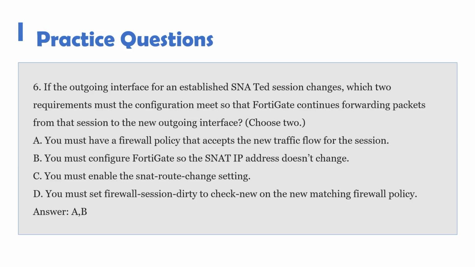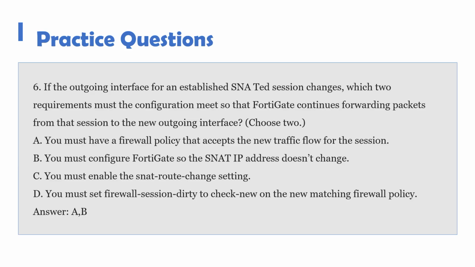6. If the outgoing interface for an established SNAT session changes, which two requirements must the configuration meet so that FortiGate continues forwarding packets from that session to the new outgoing interface? Choose 2. A. You must have a firewall policy that accepts the new traffic flow for the session.